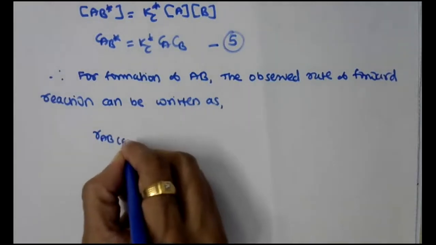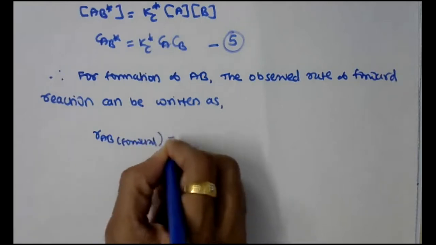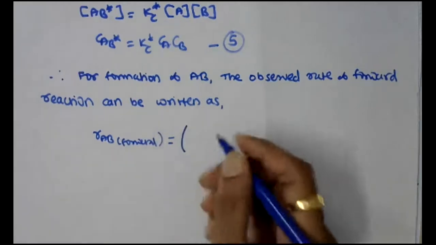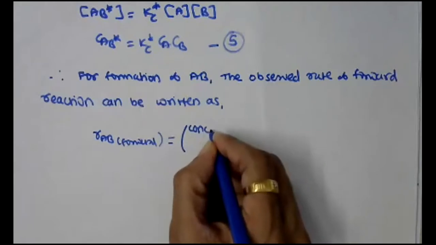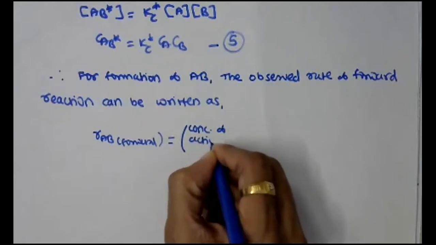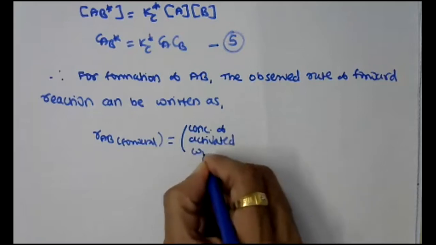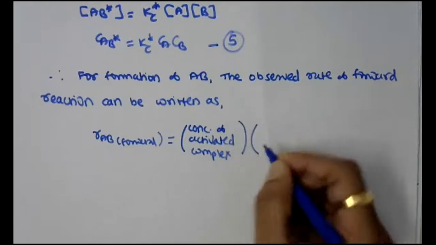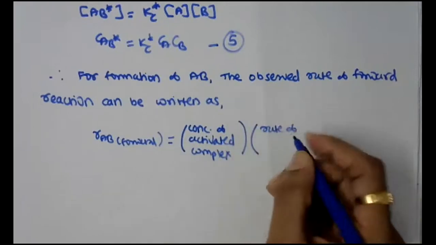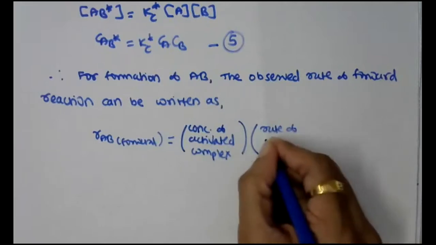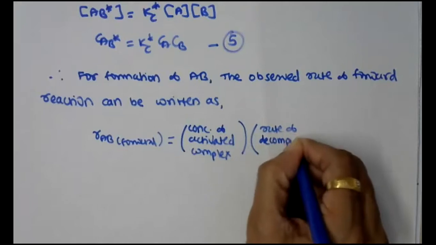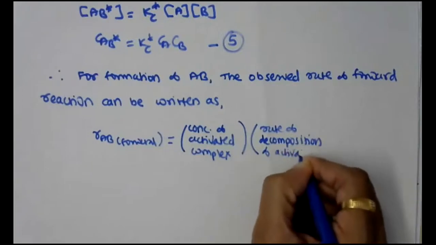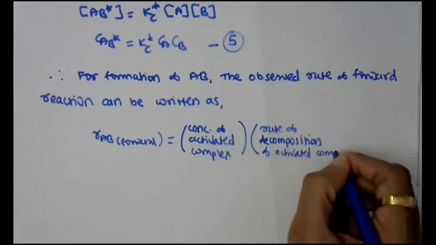RAB forward is equal to what? Concentration of activated complex multiplied by rate of decomposition of activated complex.